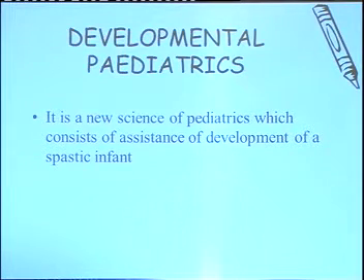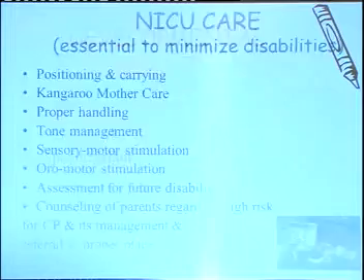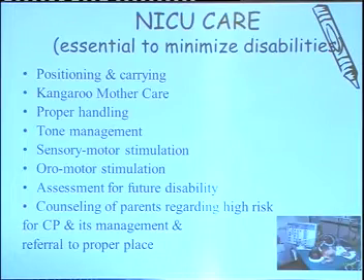So this is a new branch which has come up: developmental pediatrics. I'm not going into details, but for management of a spastic child, you stimulate the development of certain reflexes in a child which otherwise would have come normally. Positioning and carrying are important.